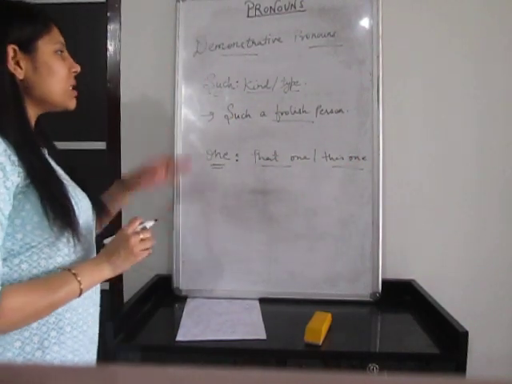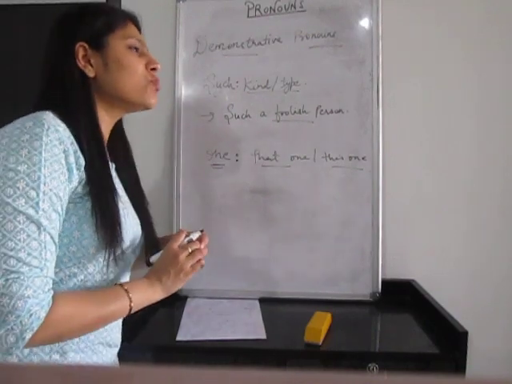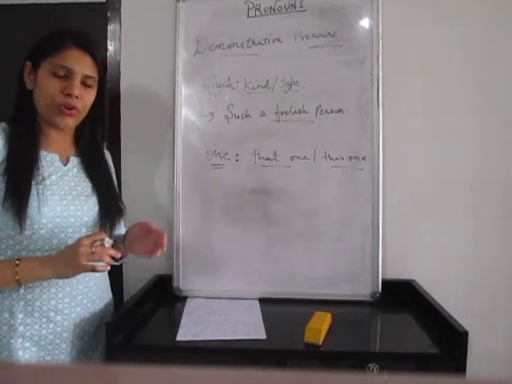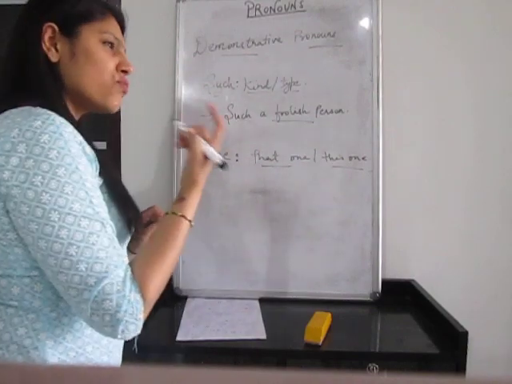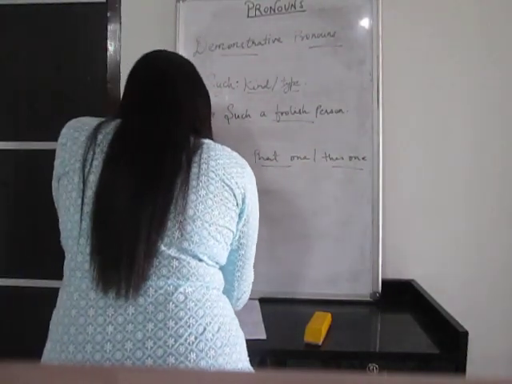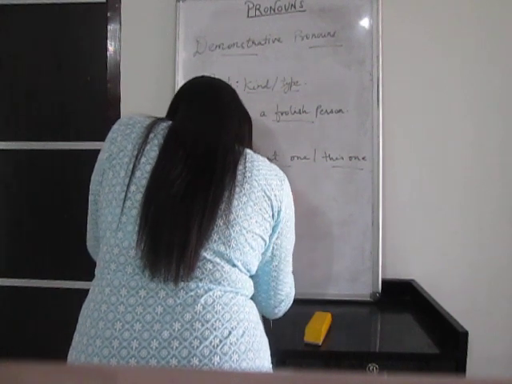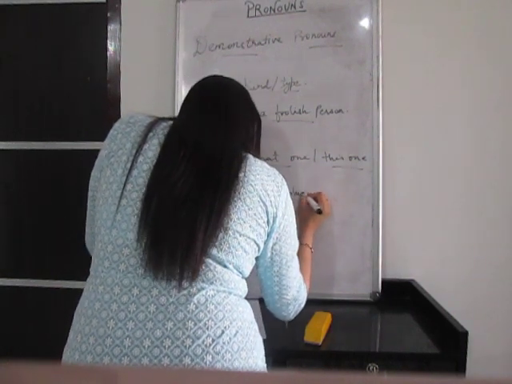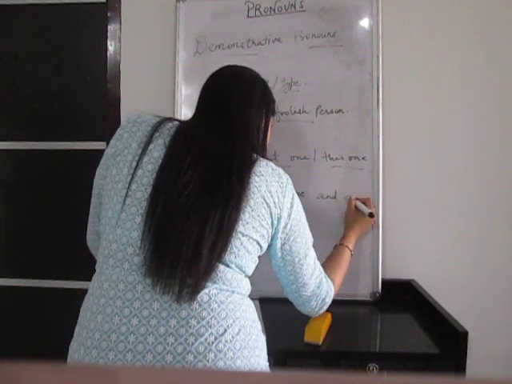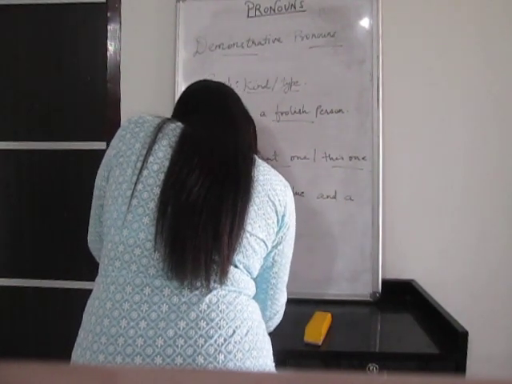Now these are the general uses or general types of demonstrative pronouns. Suppose I give you one tricky question. The sentence is, I have a blue and a black pen.